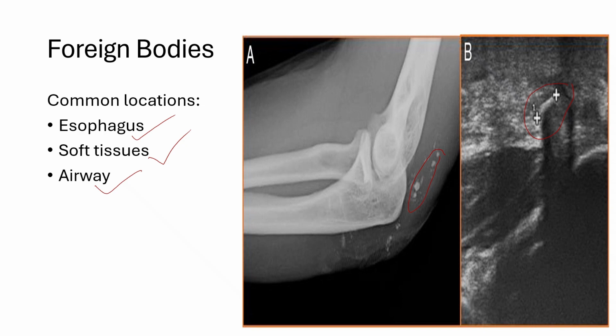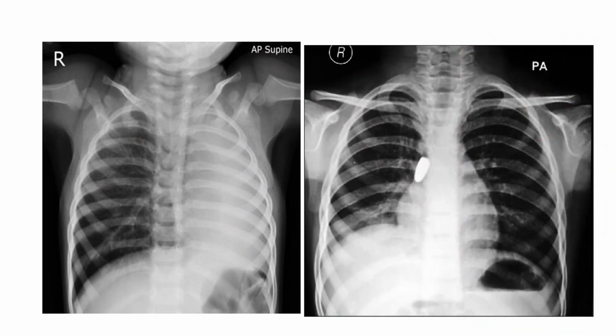In these two images, we can see that in the first image there is a radio opaque left lung with mediastinal shift to the left side, but there is no visualized foreign body. But in the second image, we can see that there is a radio opaque foreign body in the right main bronchus. In the first image, there is a radiolucent foreign body in the left main bronchus, whereas in the second image, a radio opaque foreign body in the main bronchus.